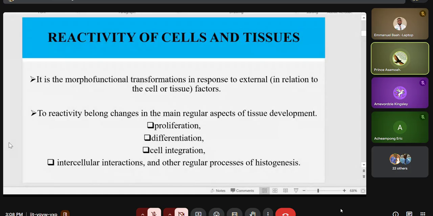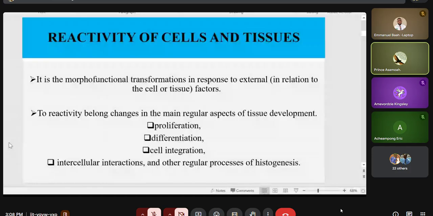So we are saying that it is the morphofunctional transformations of cells in response to external factors.